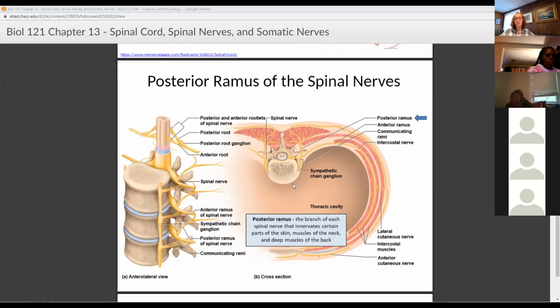Posterior ramus is a branch of each spinal nerve that innervates certain parts of the skin, muscles of the neck, and deep muscles of the back.